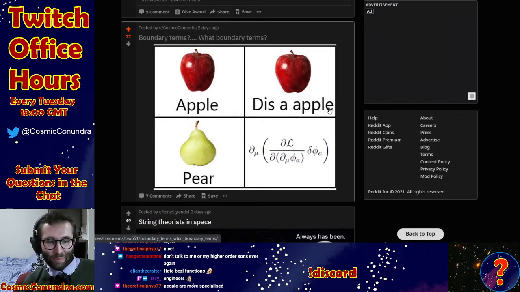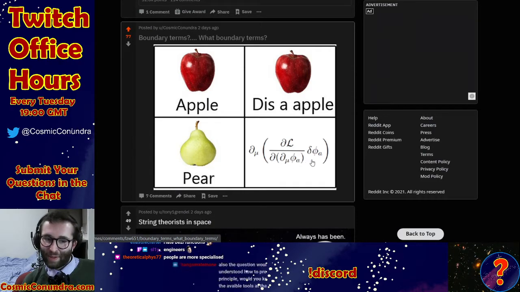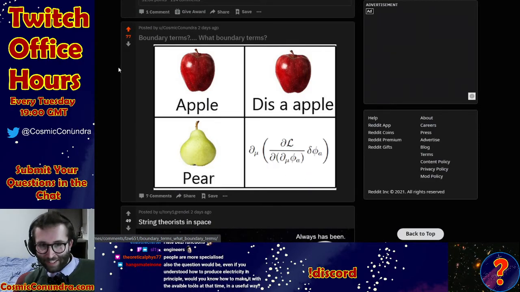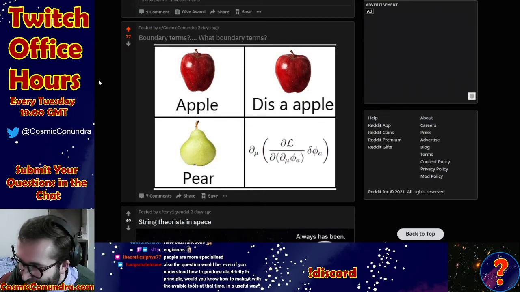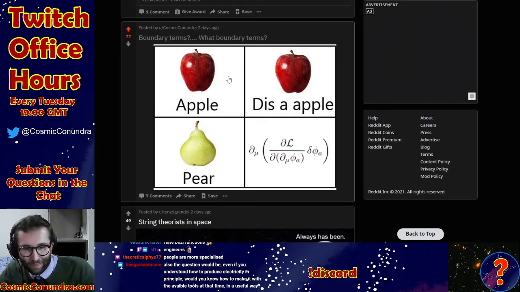Apple, apple, pair, disappear. Get it? Because it's the boundary term you get when you vary the action for a scalar field. And you always assume it disappears somewhere at spatial infinity, that you can set this thing to 0.